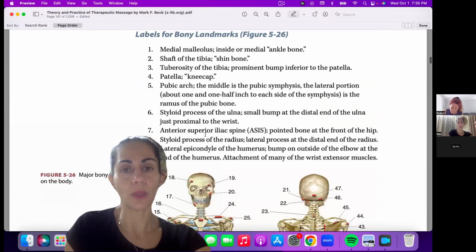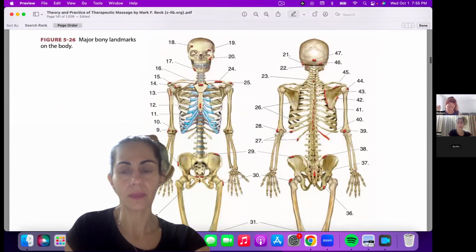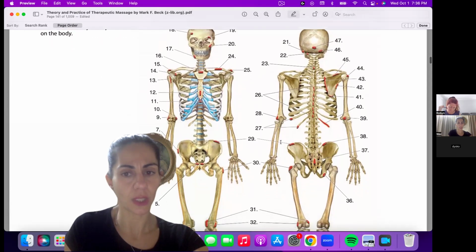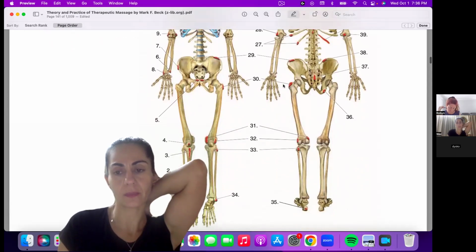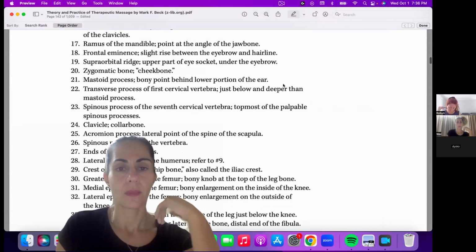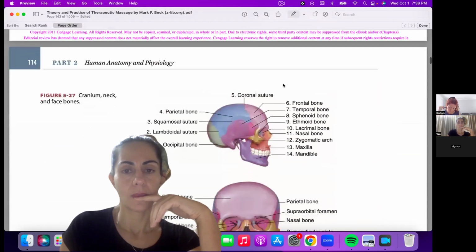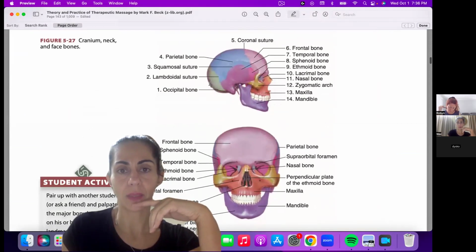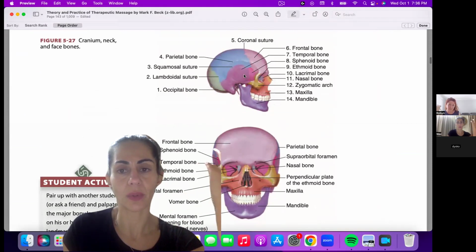Okay, we went through all the bony landmarks last time. So we'll practice those as we get more into the kinesiology, just like we did with the forearm and hand. So you have the cranium: the occipital, parietal, frontal, the sphenoid, and the temporal.